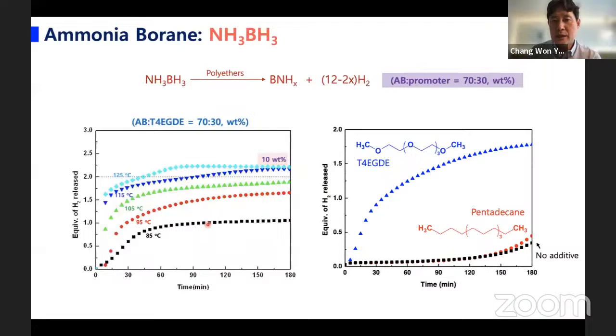And my lab actually used a metal-free catalyst to promote hydrogen release from ammonia borane, shown here. What we found is that we use this oxygen-containing chemical, and we shorten the induction period, we absent the induction period and release hydrogen.